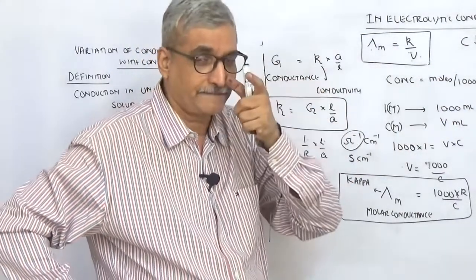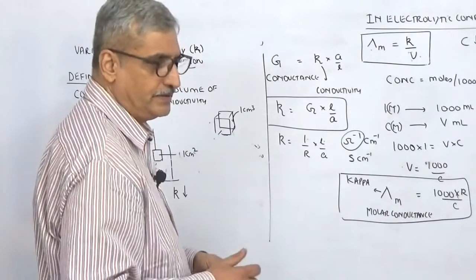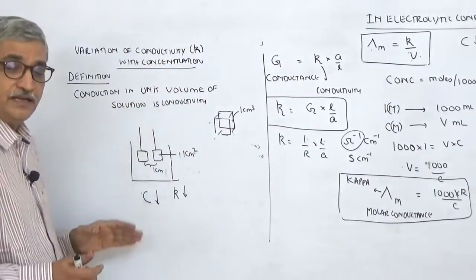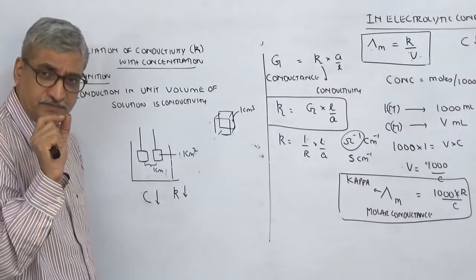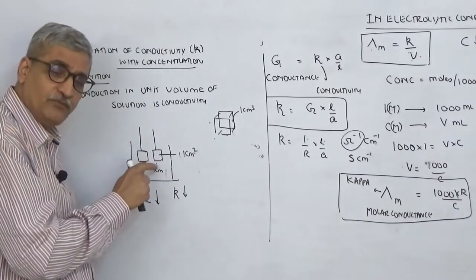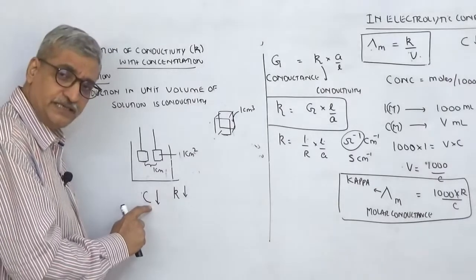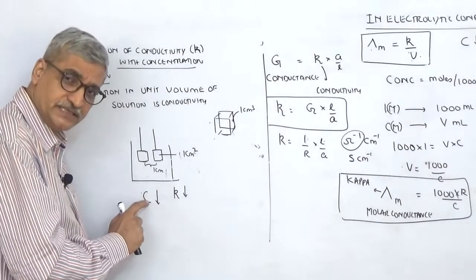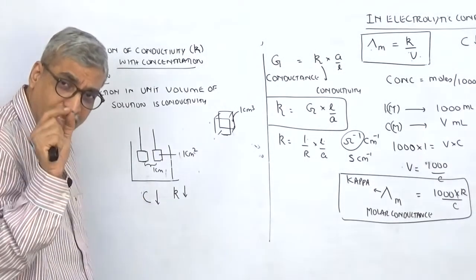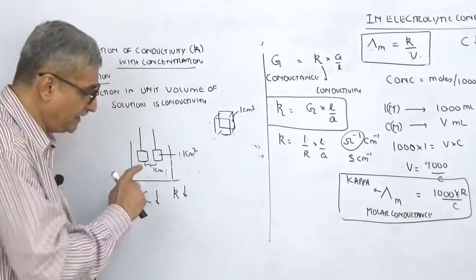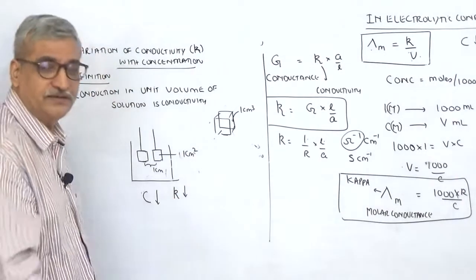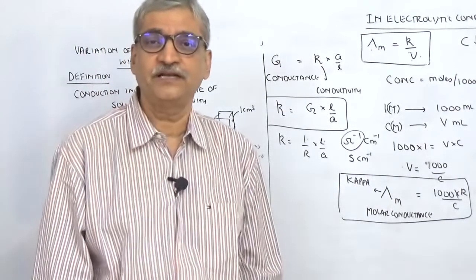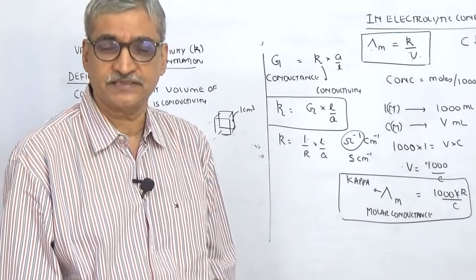That is the logic. But here, conductivity is in unit volume. As you go on adding water, that means concentration is decreasing, dilution is increasing, number of ions per unit ml is decreasing, so conductivity also decreases. Is this clear?